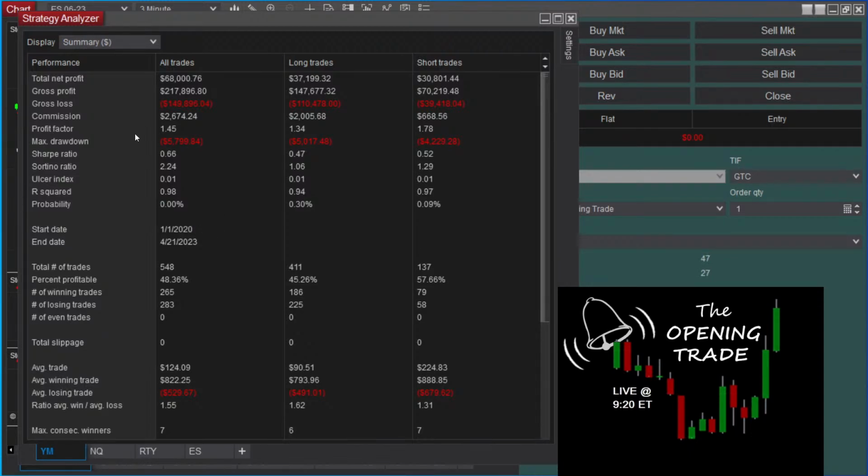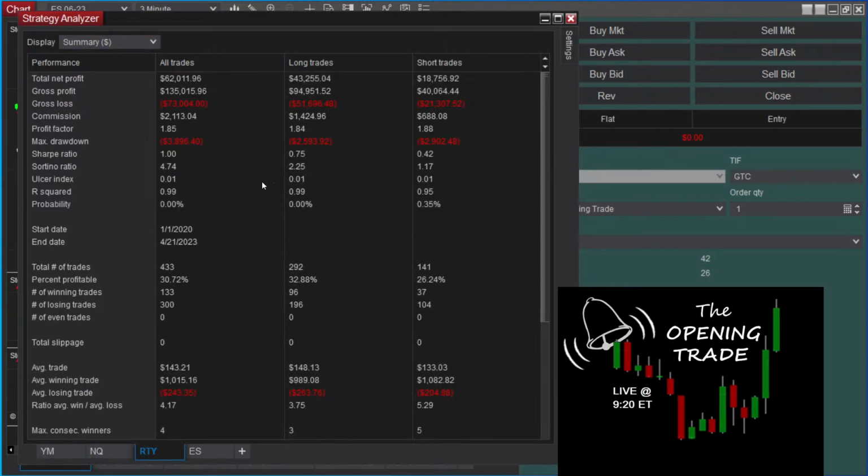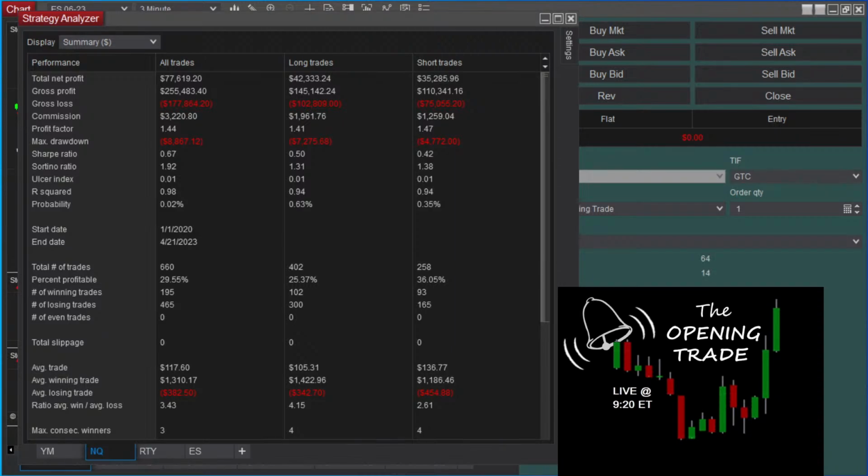Here's the start and end date, the max drawdown, the gross loss, and the total net profit. 2 minutes later is the Russell, as long as the automated trade indicators are met: start and end date, max drawdown, gross loss, total net profit. 2 minutes after the Russell, as long as all automated trading indicators are met, the NASDAQ and the S&P 500 fire off at the same time.